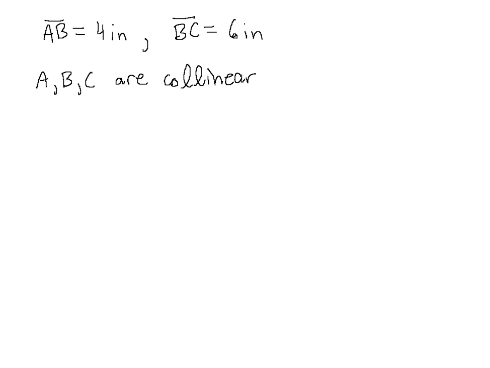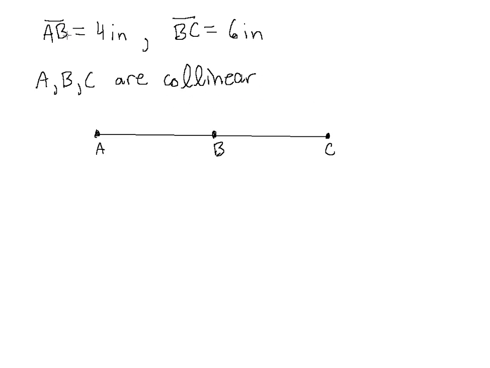If we drew these 3 points, we can go ahead and do that. This is point A, this is point B, and this is point C. If these points are collinear, that means we can draw one straight line that will connect all 3 of these points. And this is very important because if these 3 points are collinear, that means they all lie on the same line segment, and we can use the segment addition postulate to find whatever distance we're looking for.